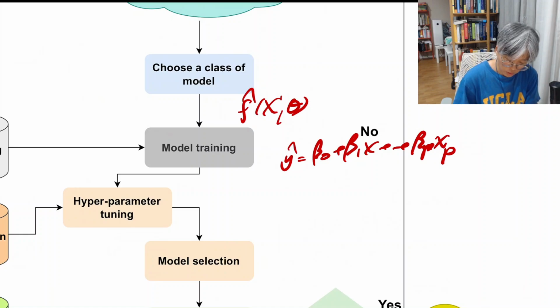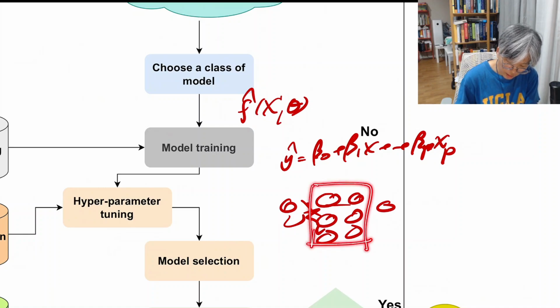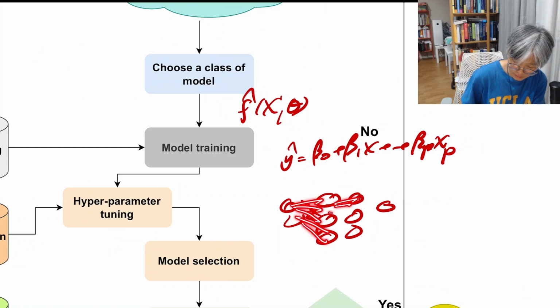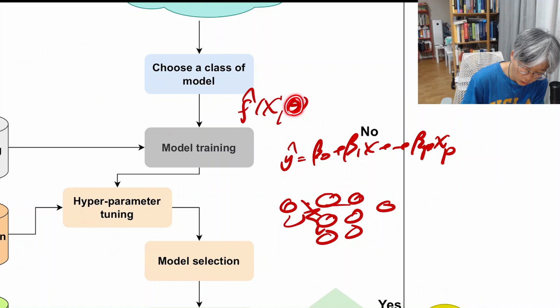If it's a neural network, you have an input layer, hidden layers, and an output layer, and there are weights and biases that act like gains on the signal flowing from one layer to the next. In that case, the weights and biases of the neural network are the model parameters.